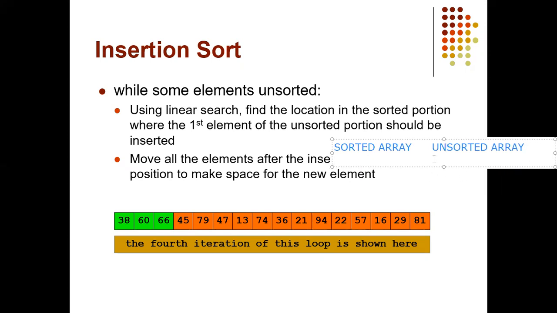The unsorted array will have the entire list of items, for example, 45. I'm taking only a small number of items from the list here for explanation purposes. So this is an unsorted array. Initially the sorted array will contain the value null.